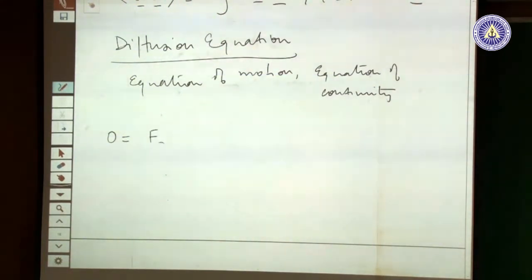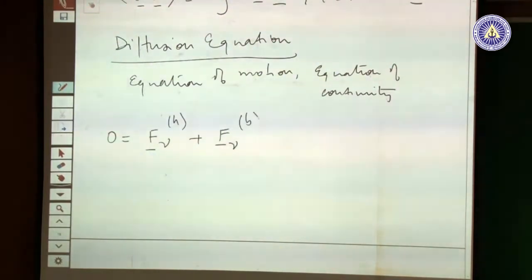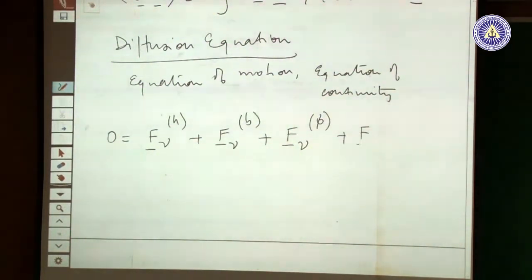We say there are the following forces. The first is a force due to hydrodynamic effects, and then there is a force due to Brownian effects, and then there is a force due to the potential, and finally there could be an external force due to various reasons. Now, I still do not know if your question comes in here.